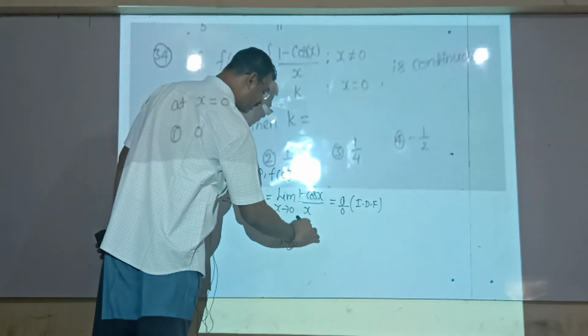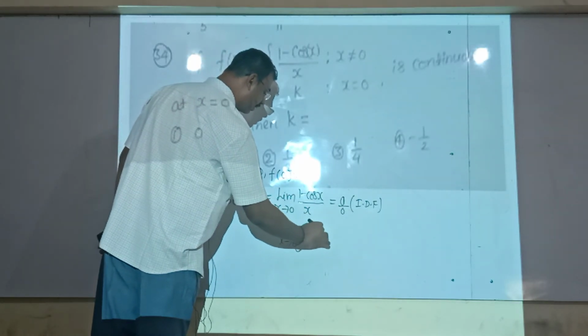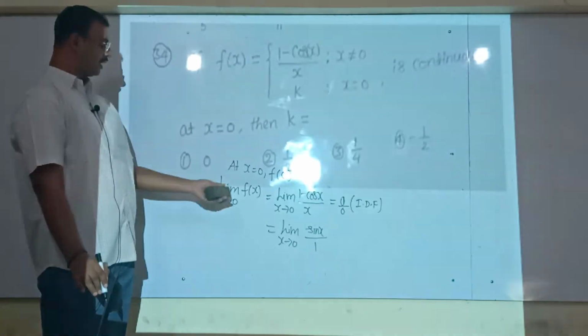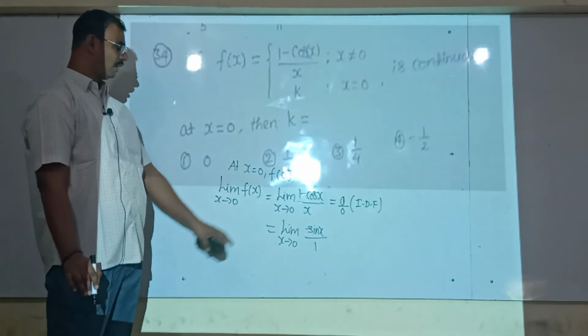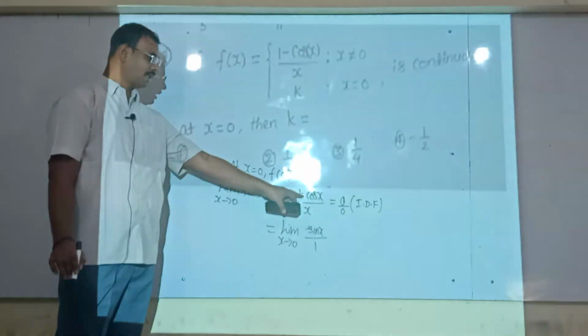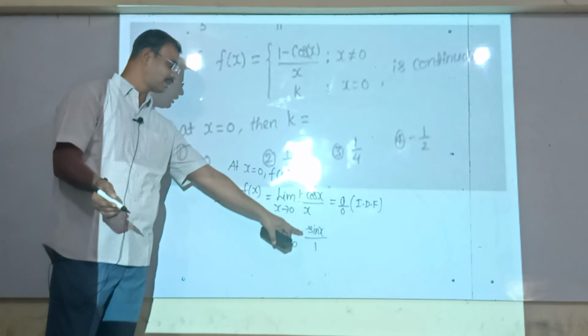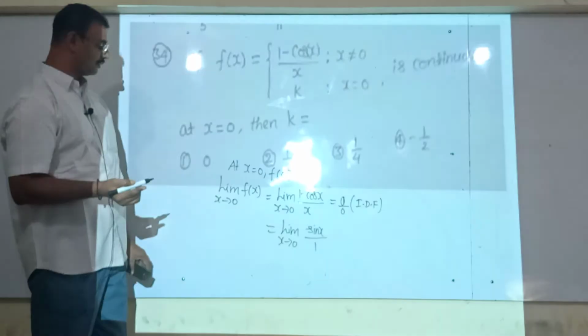Differentiate numerator and denominator separately: derivative of 1 is 0, minus cos x has derivative minus sin x, which becomes plus sin x, upon x with derivative 1. So we get sin x divided by 1.